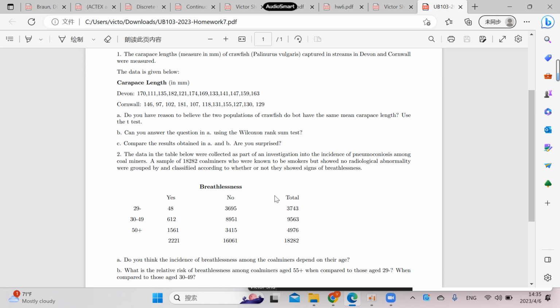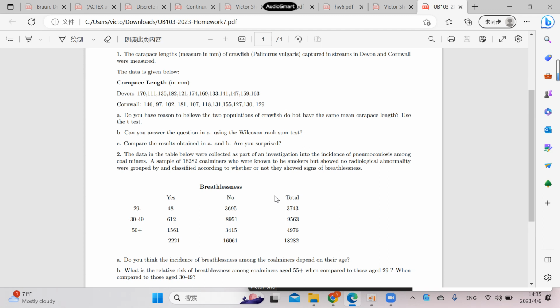Then we're going to calculate the actual rank sum of A. You just sum all the ranks you gave for Devon, and then you check whether the actual rank sum lies within the 95% confidence interval.